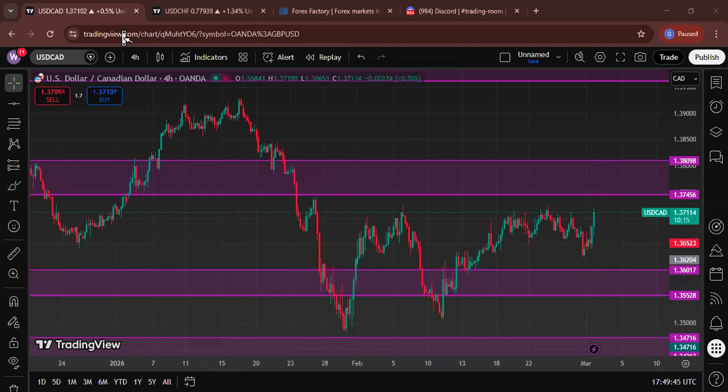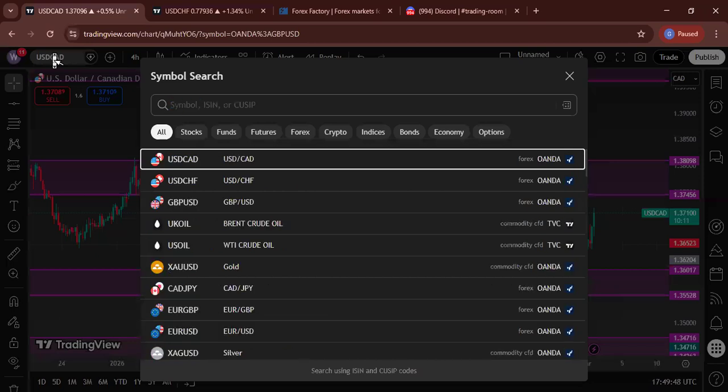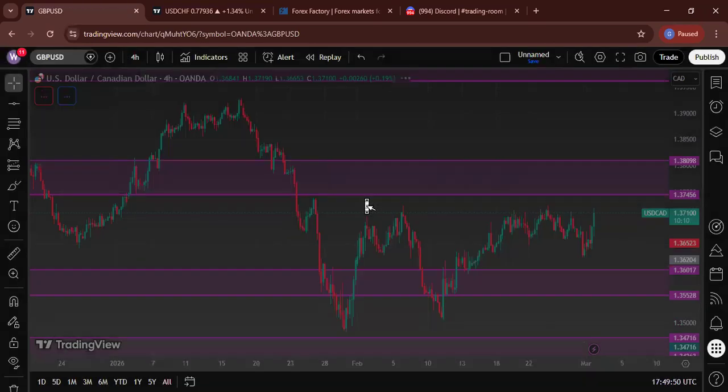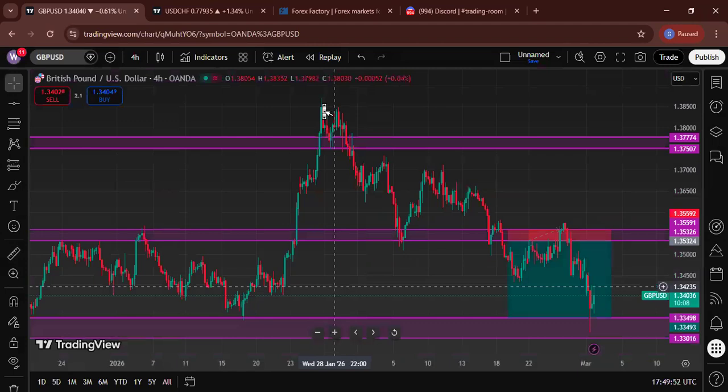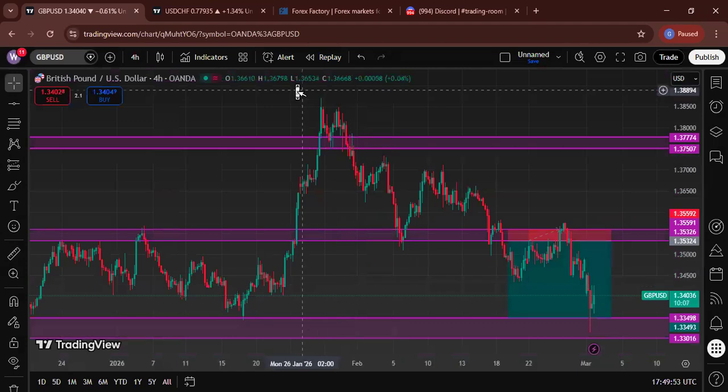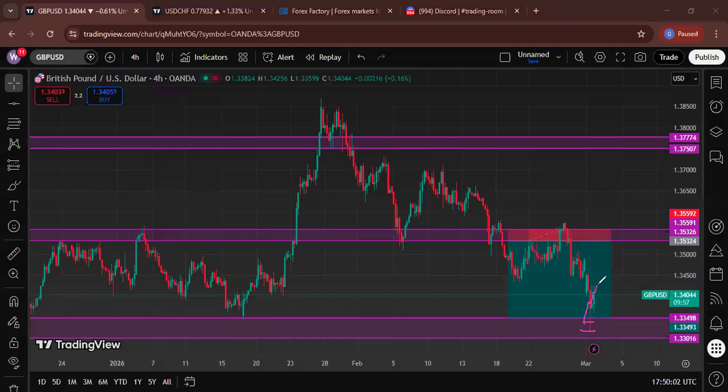Let me see. We are looking at GBP USD. This is GBP USD. So this is what I was saying about GU. Now that price has tapped this area, I'd want to see price probably just retracing from the demand, then coming back into this demand.